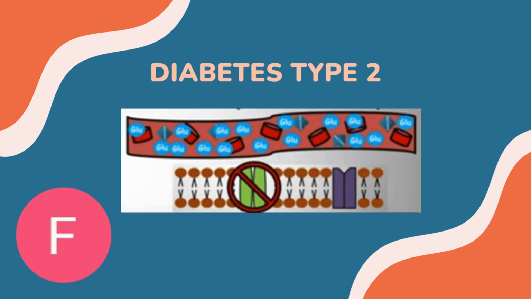Diabetes type 2 is characterized by insulin resistance, in which the insulin receptors don't recognize insulin and cells cannot open to receive glucose, and also by beta cell dysfunction, in which beta cells don't recognize high or low levels of glucose.